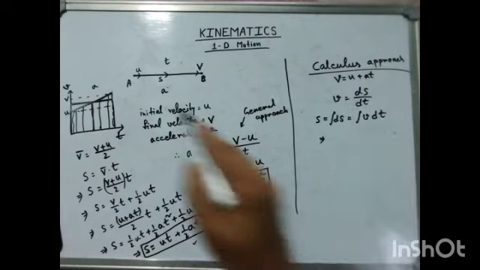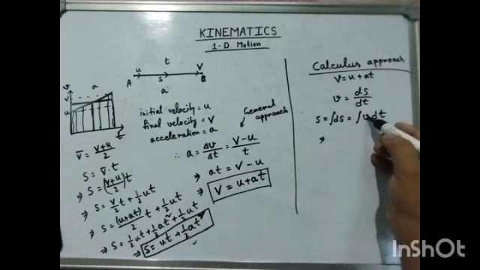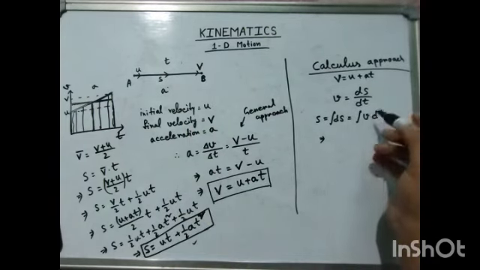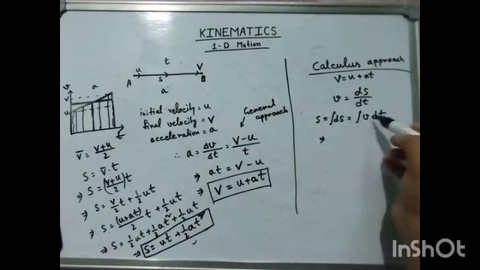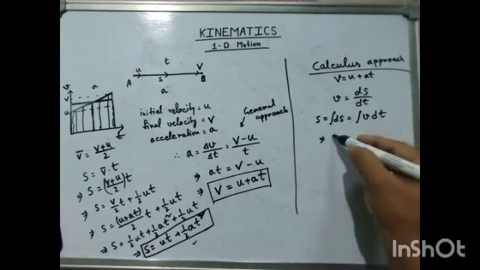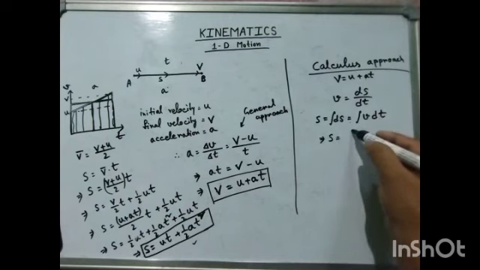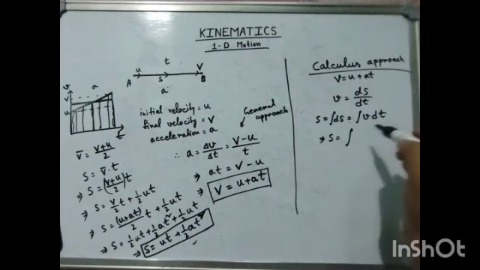But this v is also changing with time, so it is not constant. You cannot take this v out of the integration, so it will be s equal to integration of v dt.